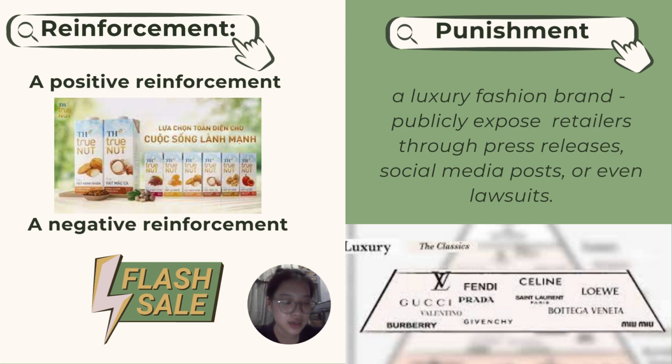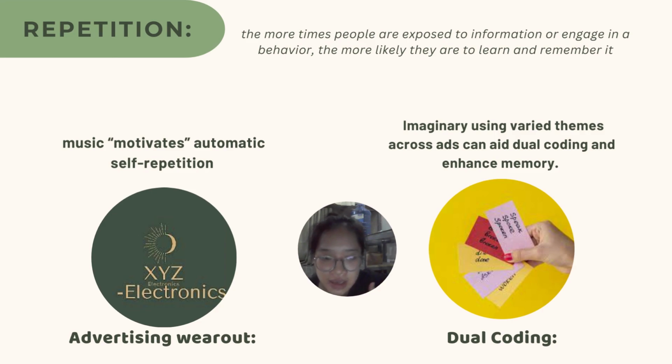In contrast, punishment, for example, a luxury fashion brand publicly exposes retailers through press releases. The repetition, advertising wearout, for example, XYZ Electronics decided to air a commercial across multiple channels over an extended period. This led to advertising wearout.